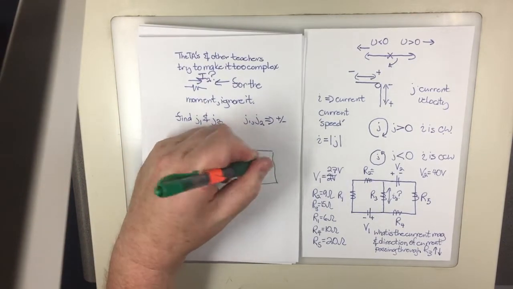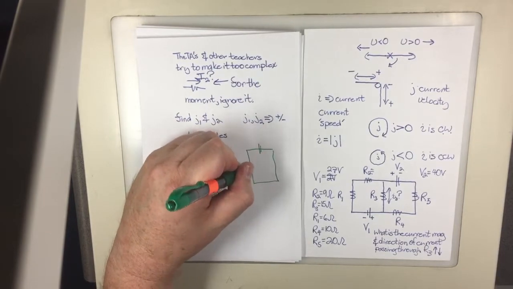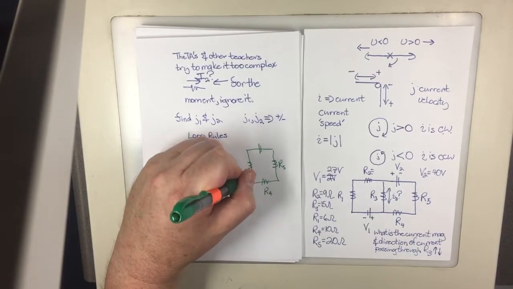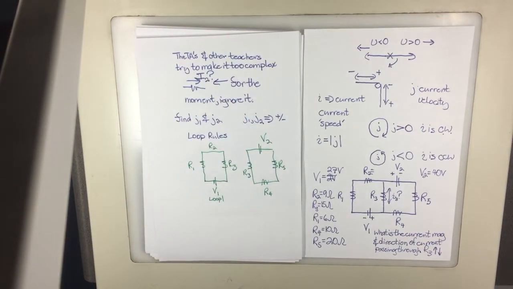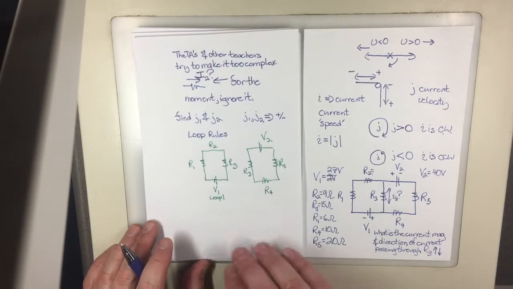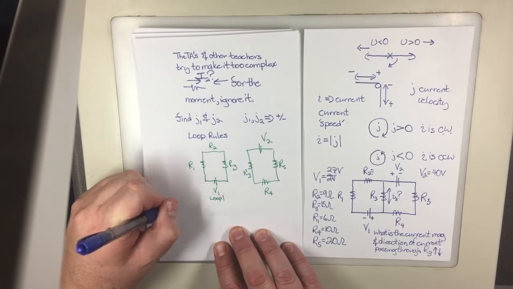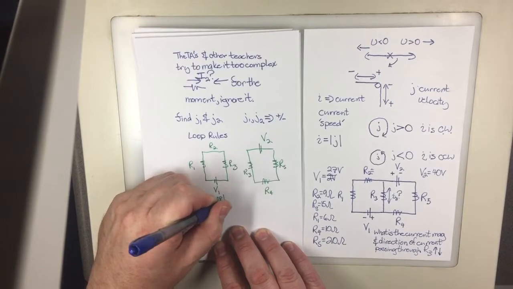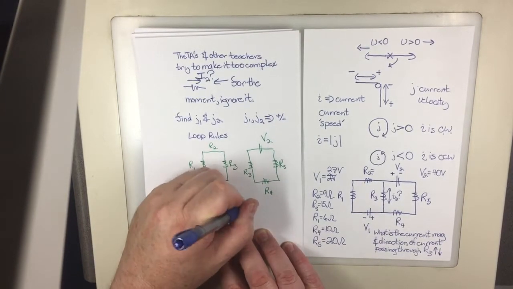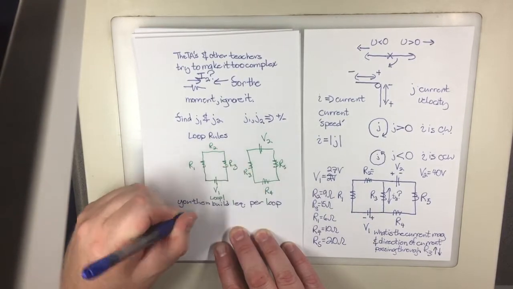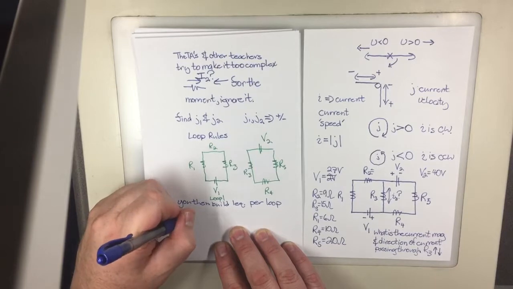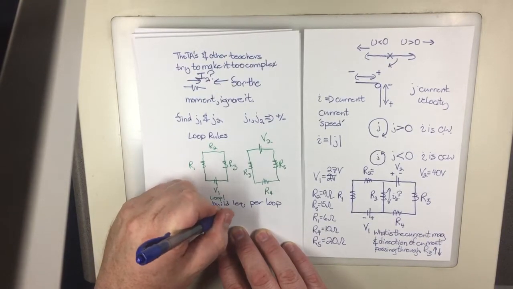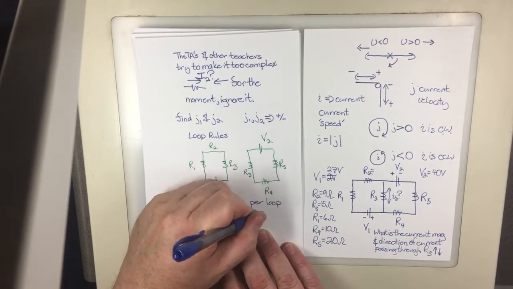And then you have the other loop. You look at each of the blocks and make a loop, and you then build one equation per loop by walking around each loop.